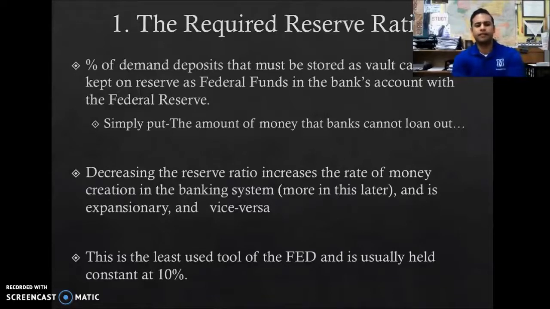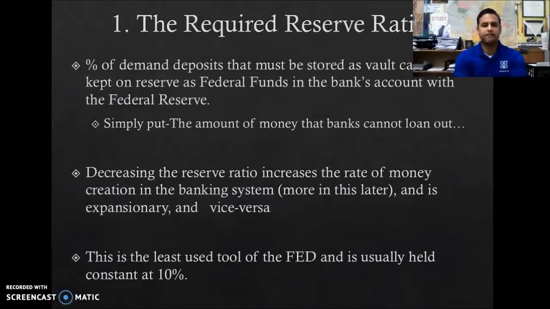What happens if a bank doesn't have its 10%? Well, banks will never fail to meet their required reserve ratio, or they are going to be subject to a ridiculous amount of oversight, scrutiny, and possibly even closure of the bank. So this is the golden rule of banking, that you have to have your required reserves at the end of every banking day.